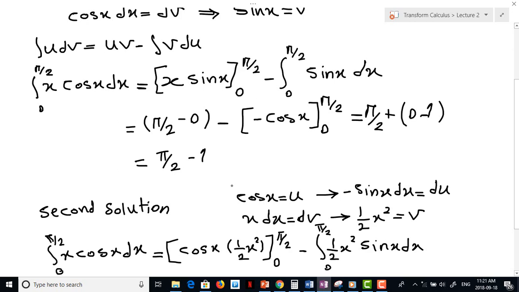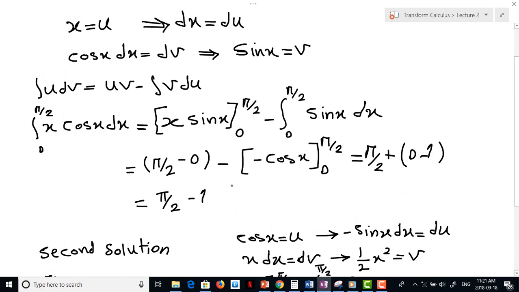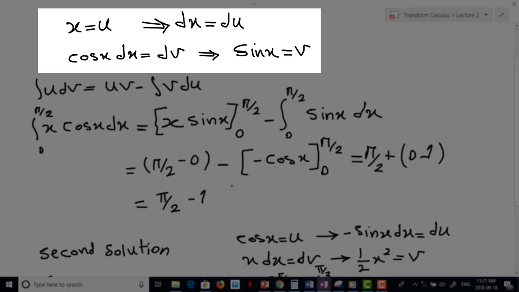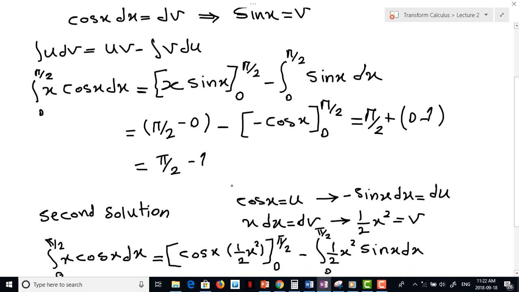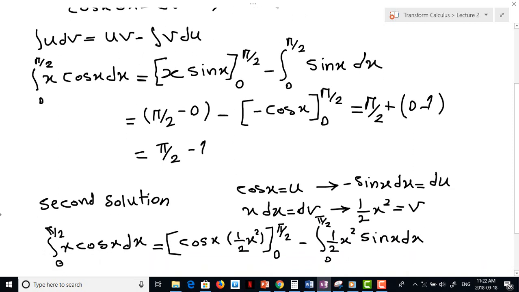If you want to have the solution, as you can see on top, we have to have x equal to u and v equal to sine x. As a result, we can say that the second solution doesn't work, and we have to go with the first solution.